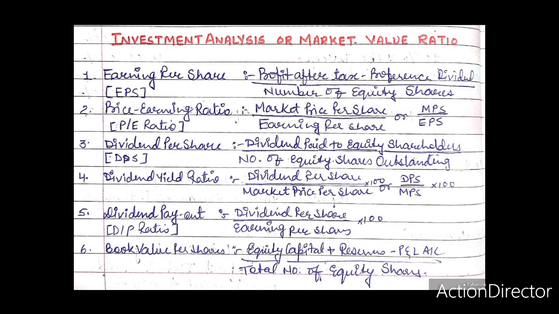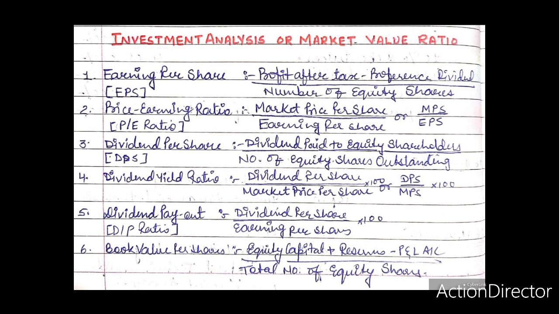The dividend yield ratio expresses the relationship between the dividend per share and market value per share. Thus, the dividend yield ratio can be calculated by dividend per share divided by market price per share and multiplying it by 100, or DPS upon MPS into 100.